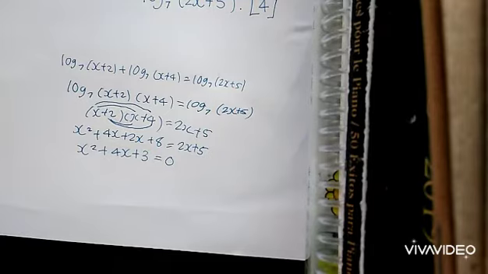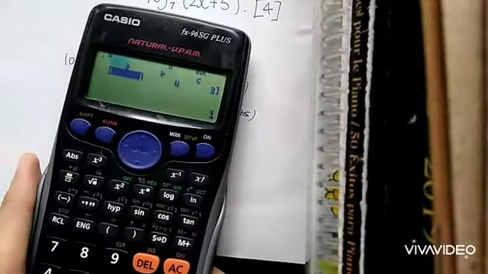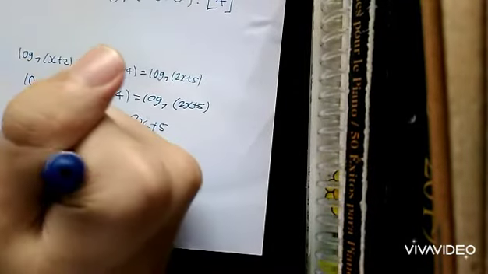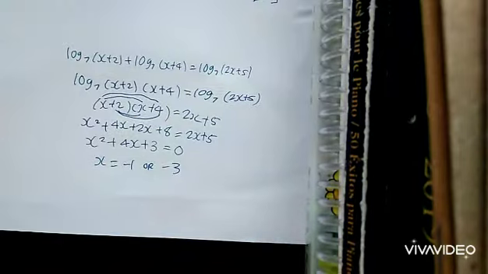But completing the square is not recommended in this case, so you can just factorize or use the quadratic formula or press mode 3 on the calculator. But in this case, since I am doing it fast, I will use the calculator. So you get x equals -1 or -3.